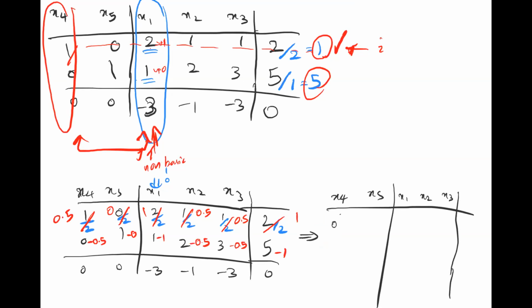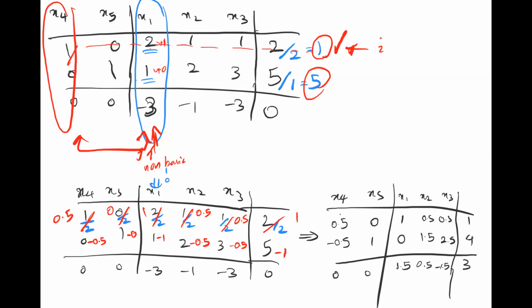So we have 0.5, 0, 1, 0.5, 0.5, 1, minus 0.5, 1, 0, 1.5, 2.5, 4, and 0, 0, 1.5, 0.5, minus 1.5, 3. Oops, sorry.